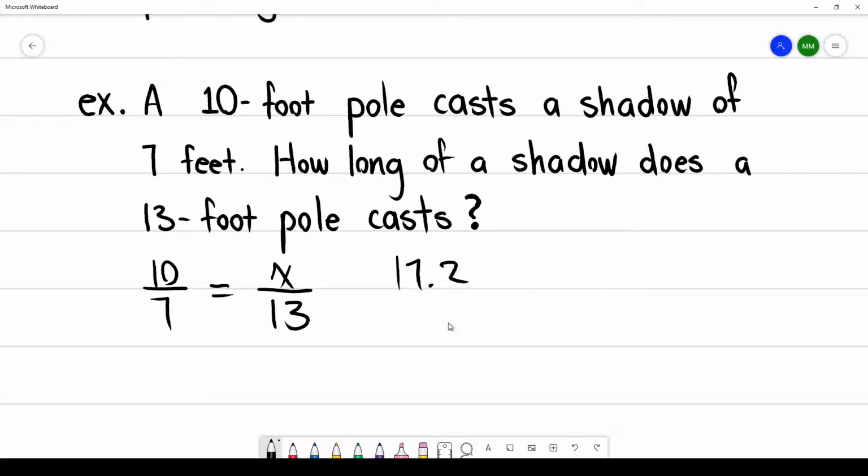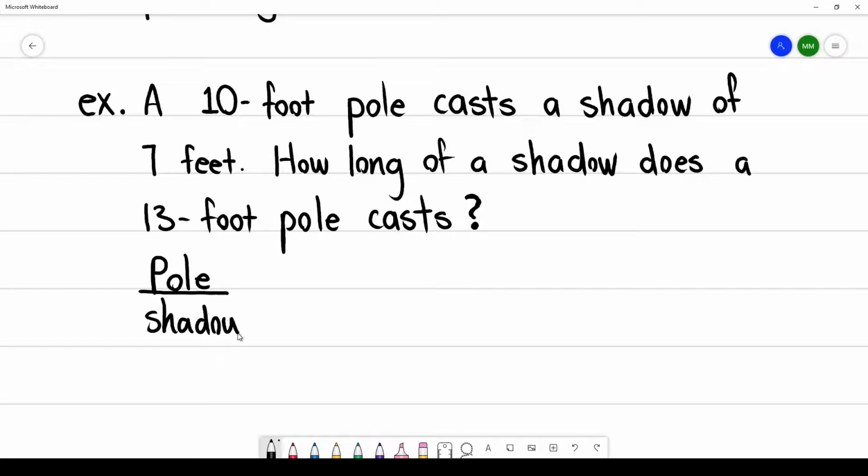But the problem here is, if I write it out, 10 over 7 is totally fine. That will be pole over shadow. So pole over shadow, yes, it is indeed 10 over 7.